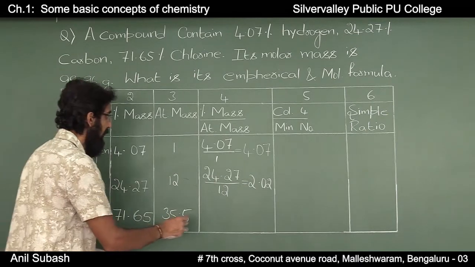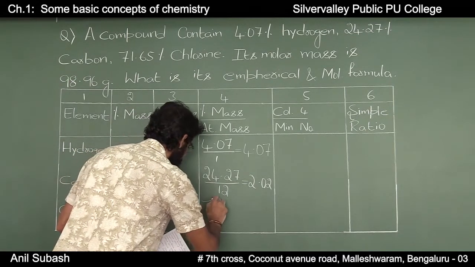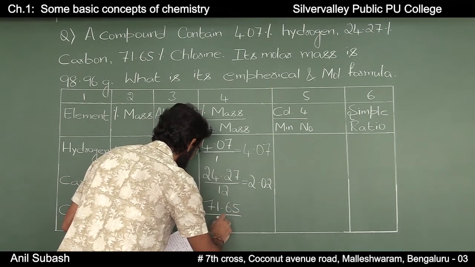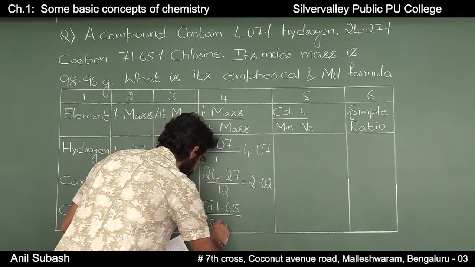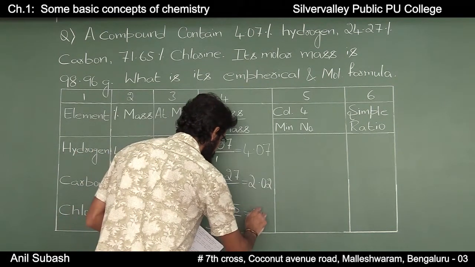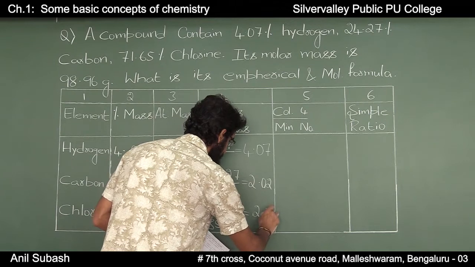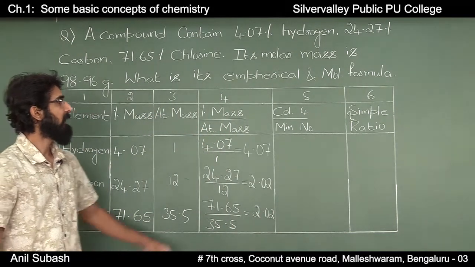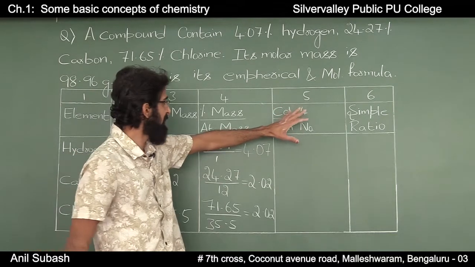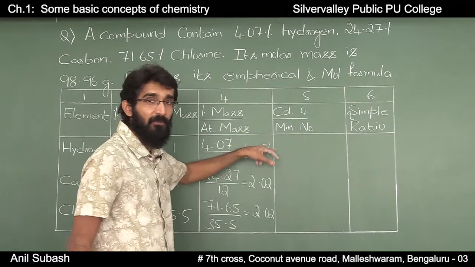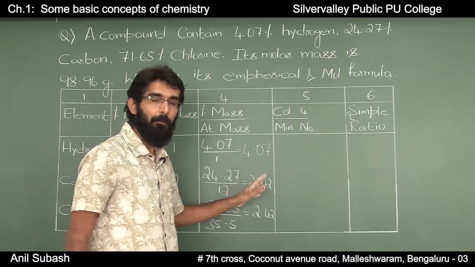Similarly, the percentage mass of chlorine is 71.65 and the atomic mass is 35.5 and that comes out to be 2.02 itself.